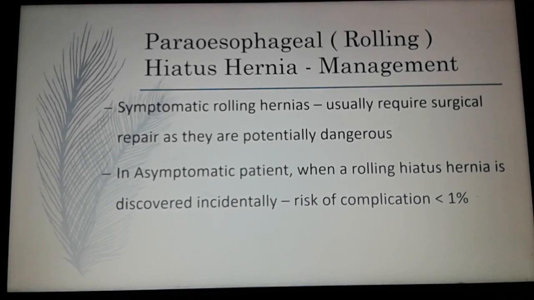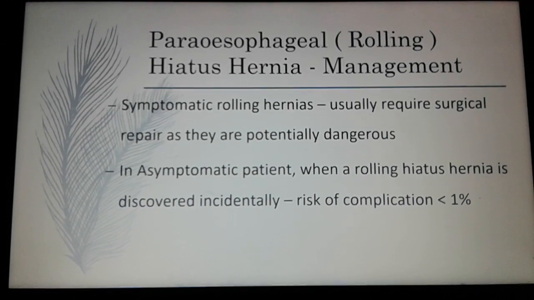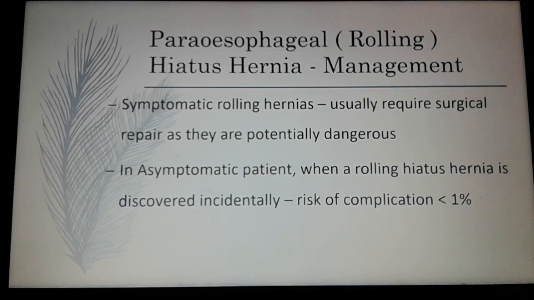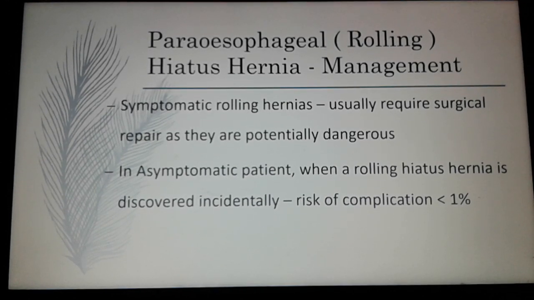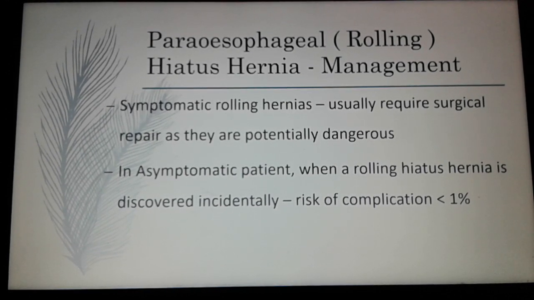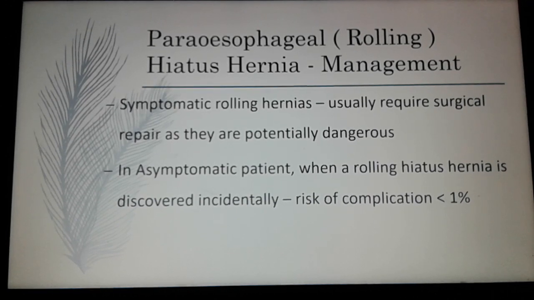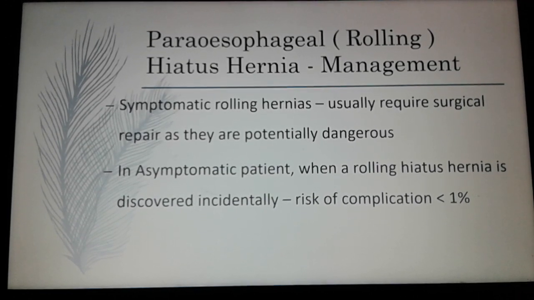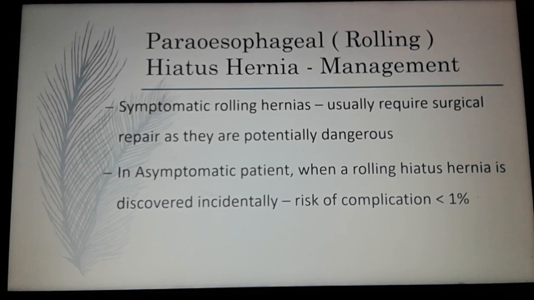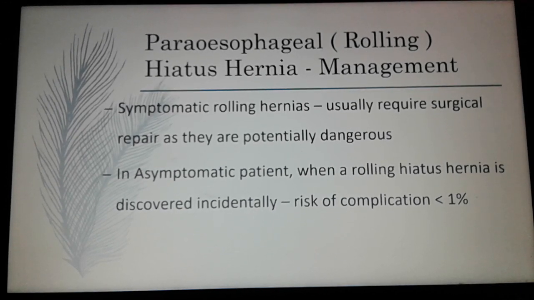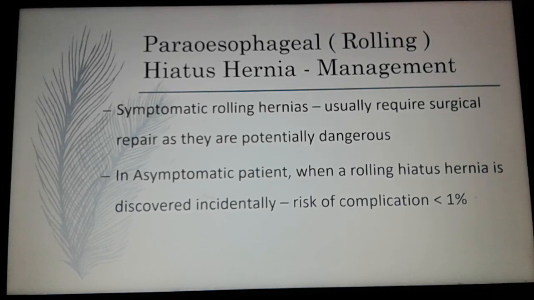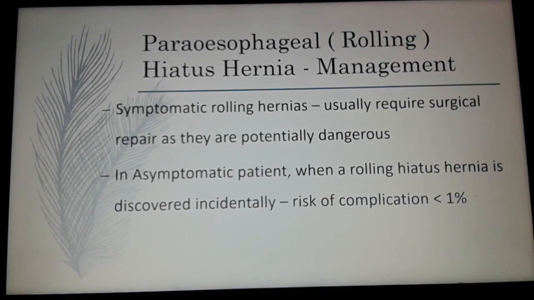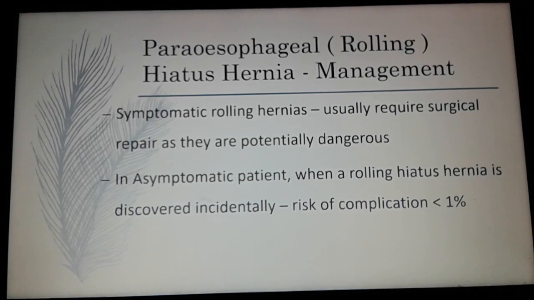In an asymptomatic patient, a rolling hiatus hernia is discovered incidentally, if the patient has presented to us for something else and during the management of that condition, we have incidentally diagnosed it on endoscopy, during barium studies, or on X-ray chest. Otherwise, the patient is asymptomatic. No symptoms are there related to rolling hiatus hernia.